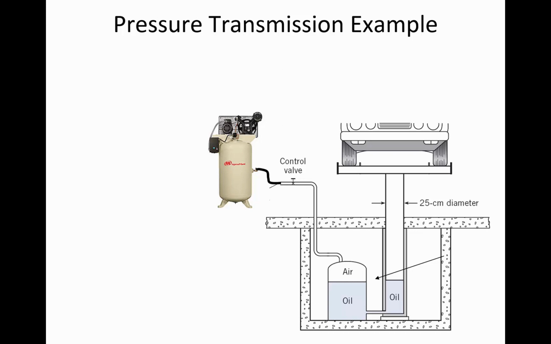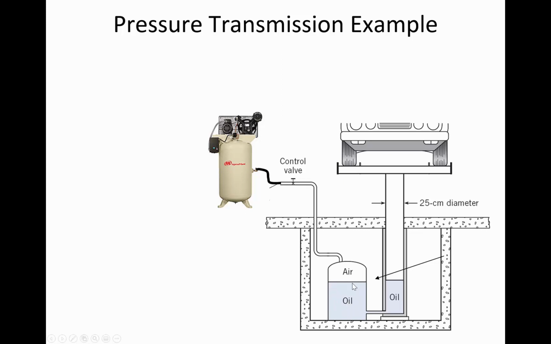Okay, so here's another application of these ideas of the hydrostatic equation. It's just a schematic diagram here taken from the textbook of an automobile lift. The way that this lift operates is that compressed air goes from the compressor into a chamber, and you can see that there's some air acting on top of the oil.